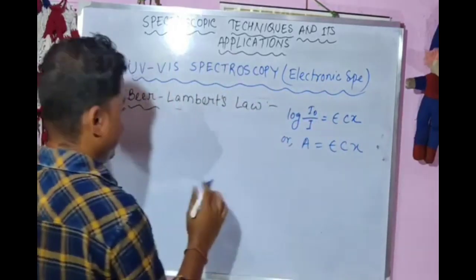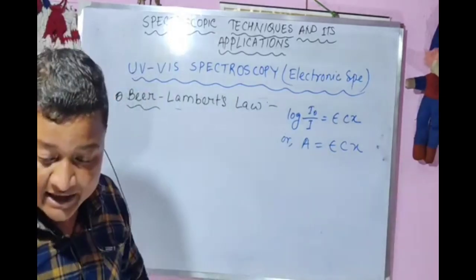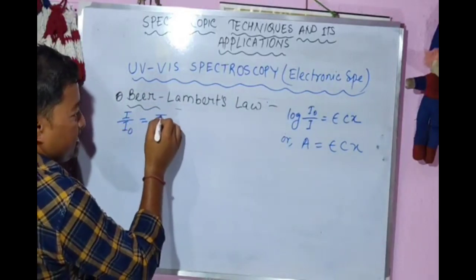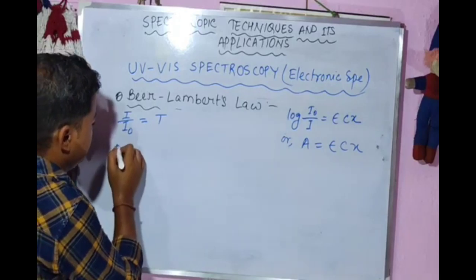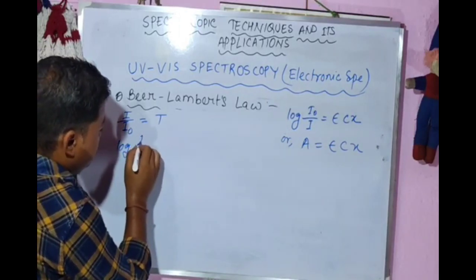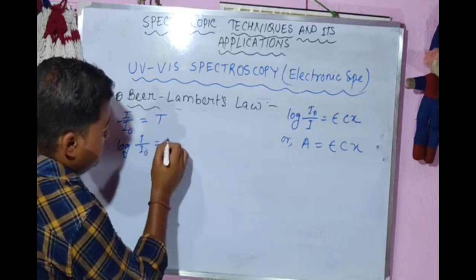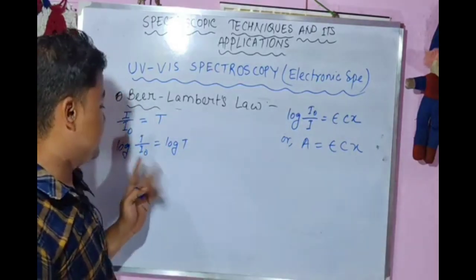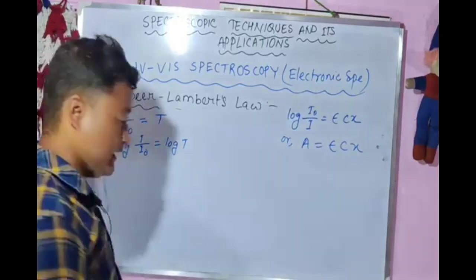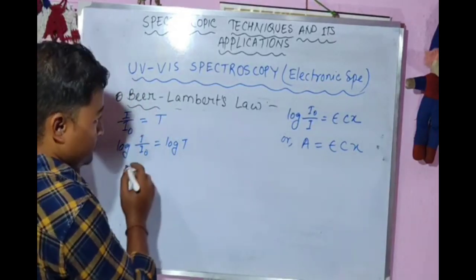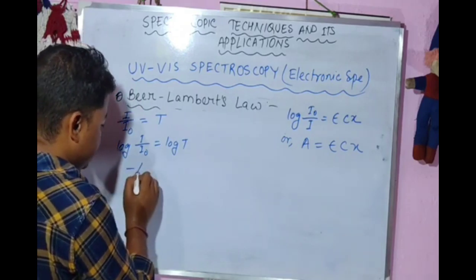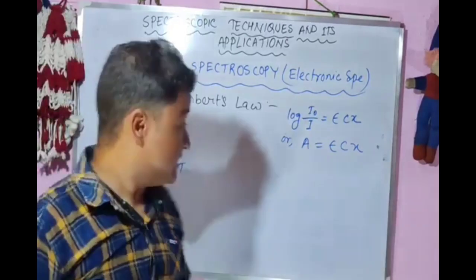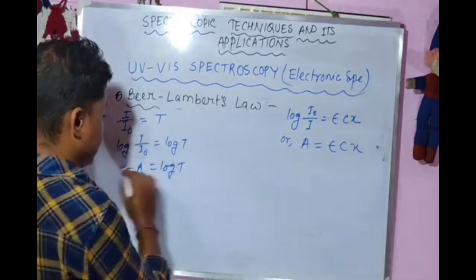And I divided by I0 is called transmittance, that is T. So log I by I0 is equal to log T, which means minus A equal to log T. This is the total mathematical form.